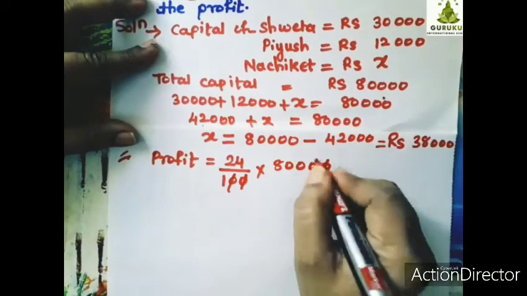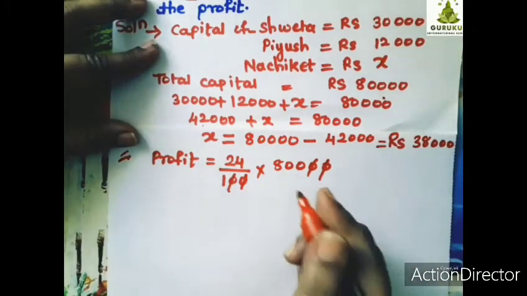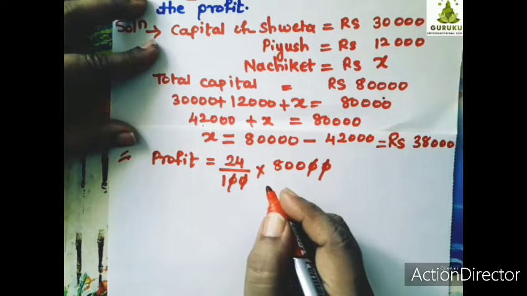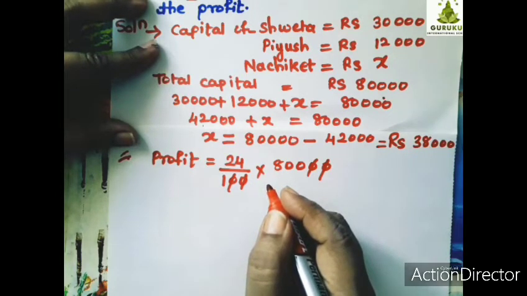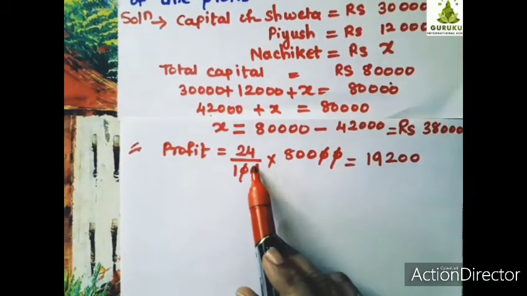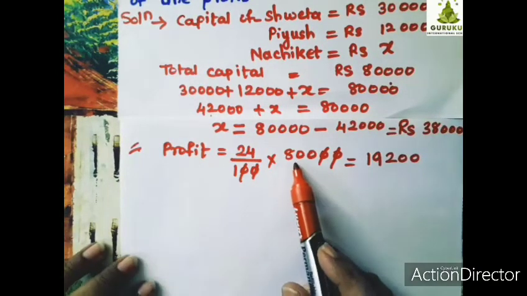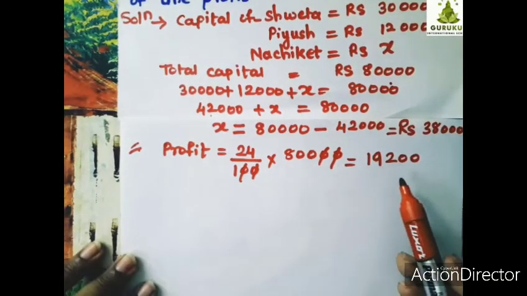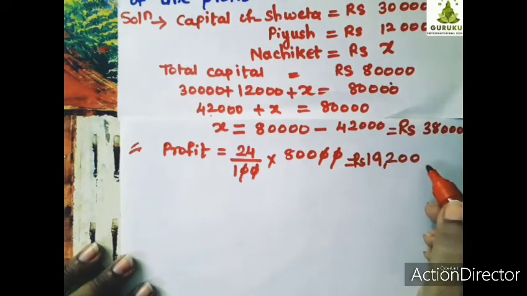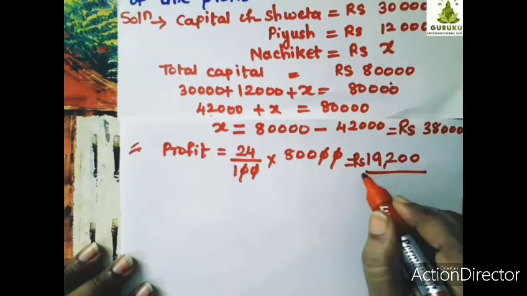So find out the value by cancelling the zeros. 24 into 8, 24 eights are 192 and 2 zeros. So rupees 19,200 is the total, overall profit.